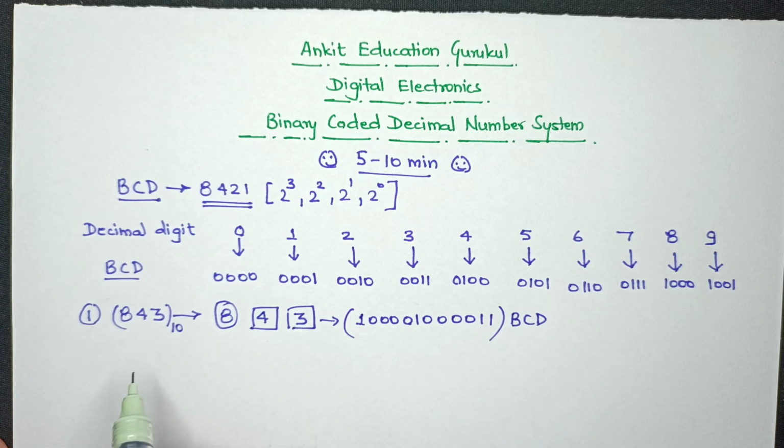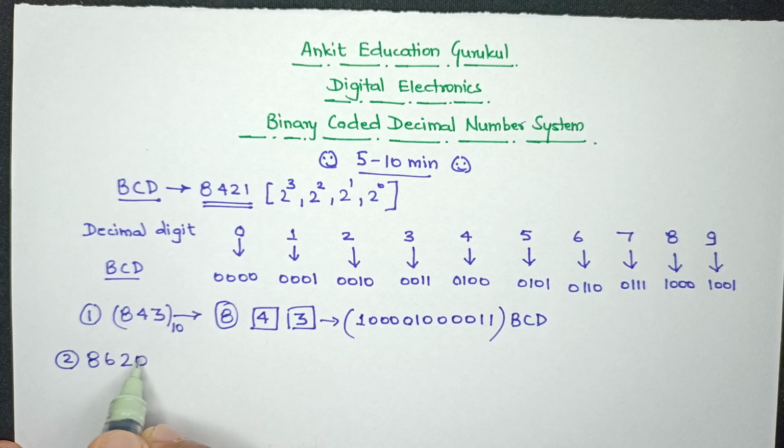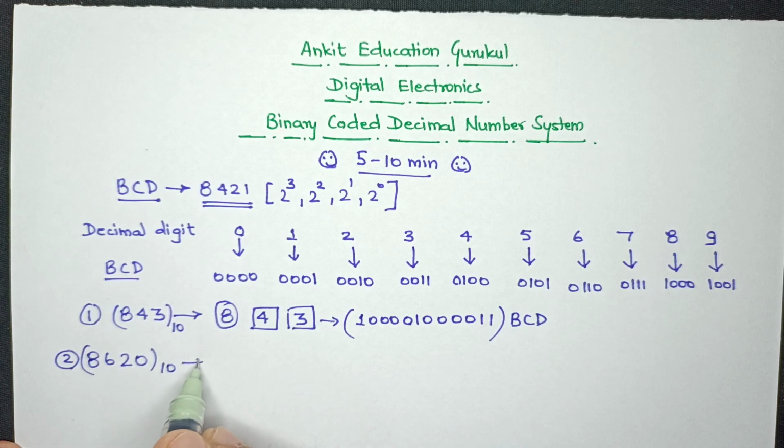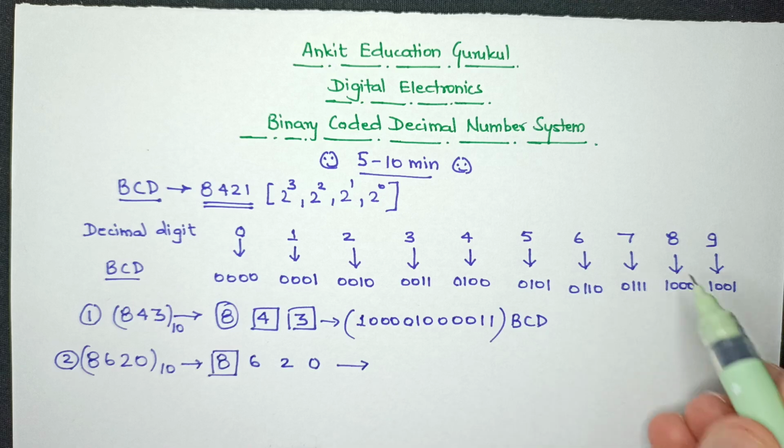Now let us take one more example. The second example that we need to convert is 8620, which is in decimal, into the BCD number system. Let us write the digits first: 8, 6, 2 and 0. 8 is represented by 1000.